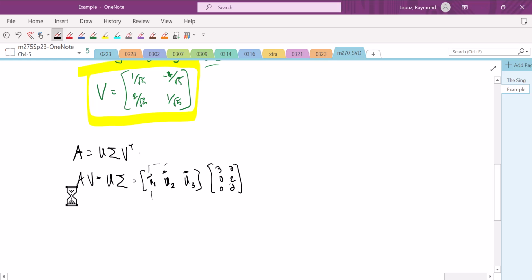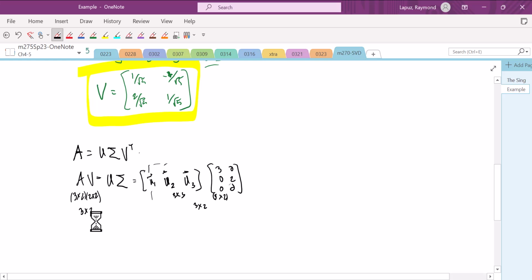Let's look at the sizes again. This is a 3 by 2, this is a 2 by 2, and so we expect this to be a 3 by 2 matrix. And when you do this multiplication, this is a 3 by 3, and this is a 3 by 2. So again, it's going to be a 3 by 2 matrix, right?